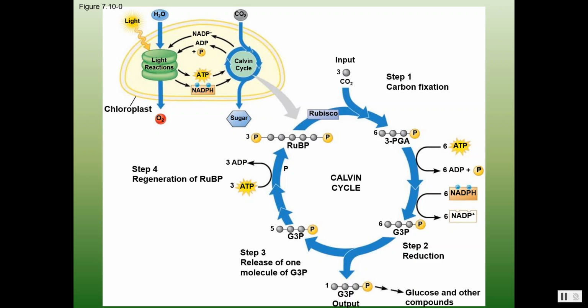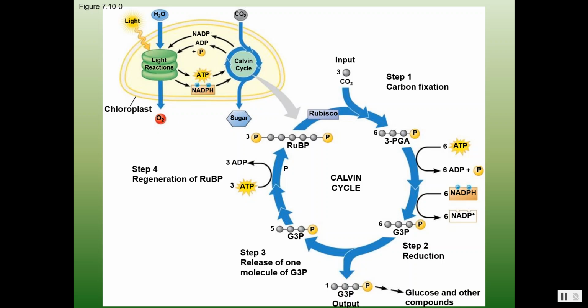Then we use the carbon dioxide, the energy from ATP, and the electrons from NADPH to make a molecule called G3P. Now, G3P is a 3-carbon compound. It's very reminiscent of the pyruvate molecule that we saw in cellular respiration, when we break down 6-carbon glucose into two 3-carbon pyruvates.